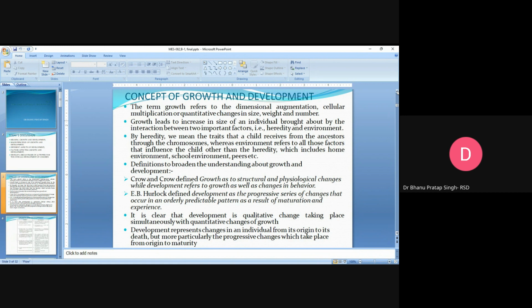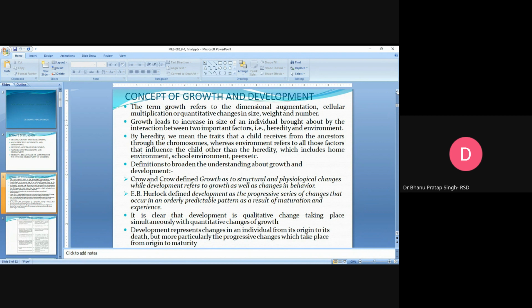So there are many definitions given by various philosophers and educationists. Crow and Crow defined growth as structural and physiological change, while development refers to growth as well as change in behavior. Means development is related to behavior, while growth is related to increase in size and all.